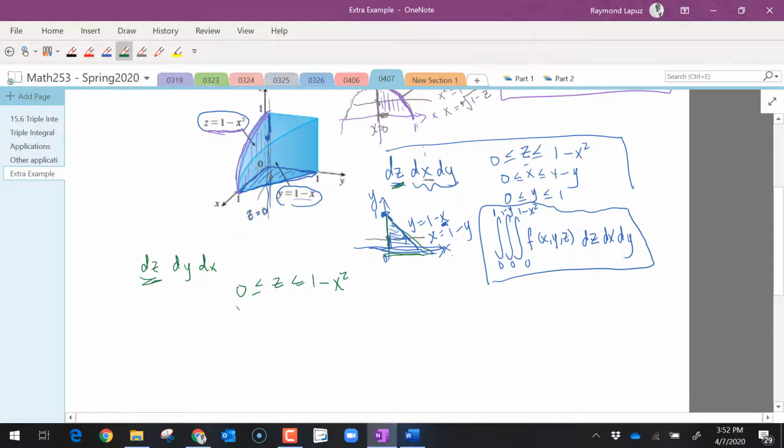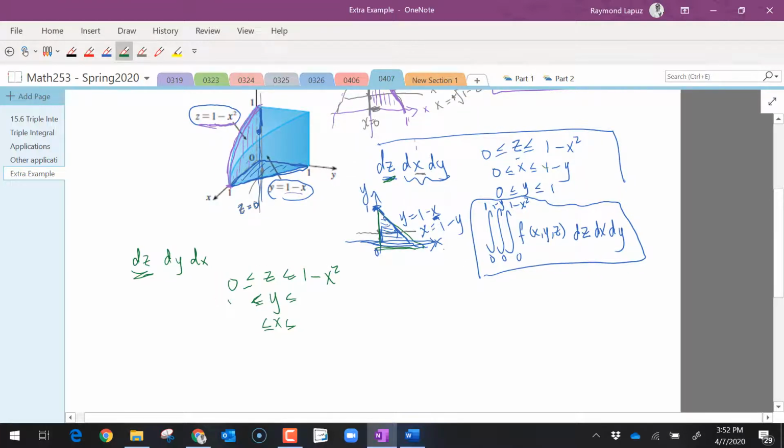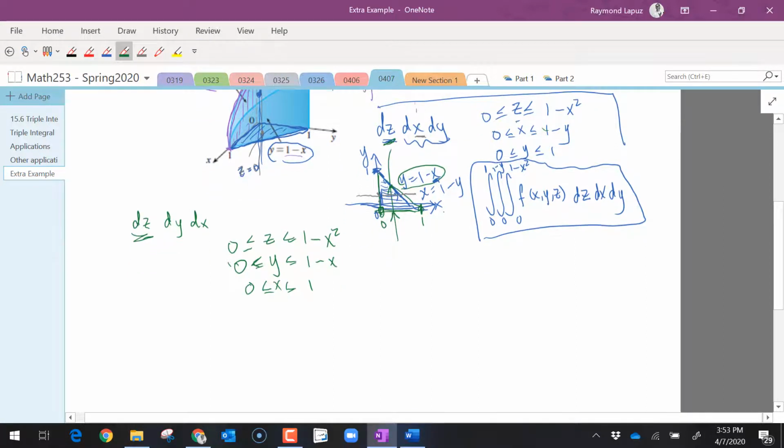But this time, we're interested in integrating with respect to y first. So with respect to y first, I would draw a line parallel to the y-axis, and I would see what I enter in. I enter in at 0, and then I exit at this y function, 1 minus x. And then my outer limits are constants. We're going to go from 0 to 1, and so I am finished with this integral.